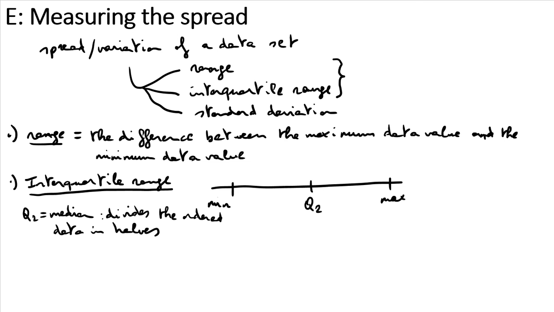We can also find the median of each half. So we can find the median of the first half, which is here, and we call that Q1. And that is actually called the lower quartile. We can also find the median of the second half, which is here and which is Q3. And we call that the upper quartile.